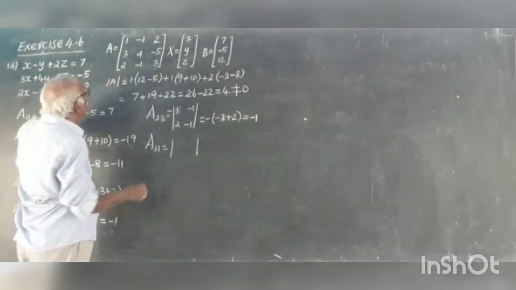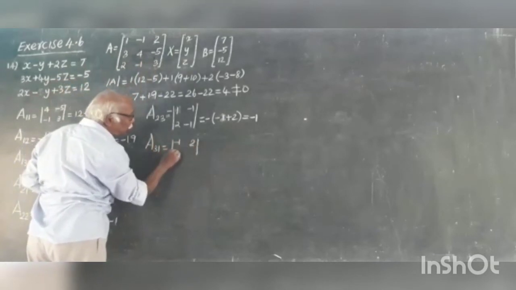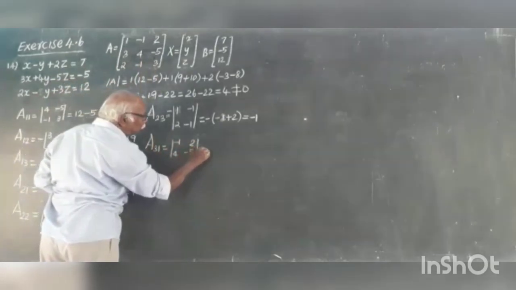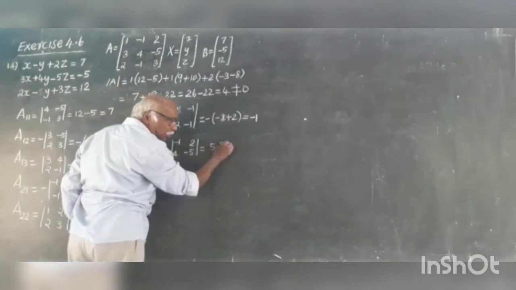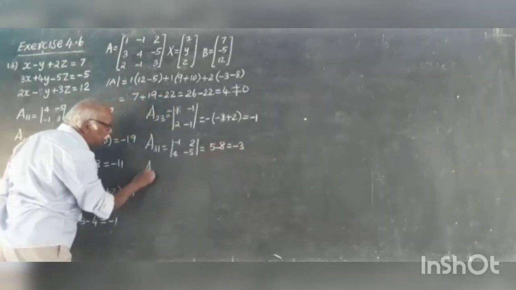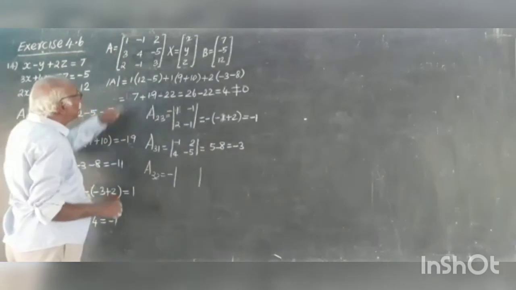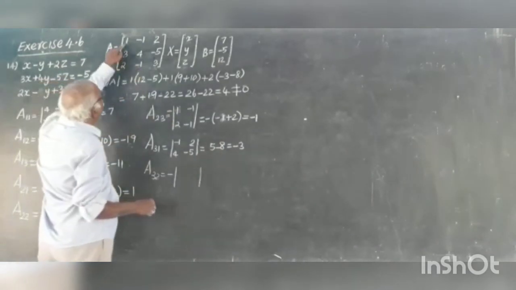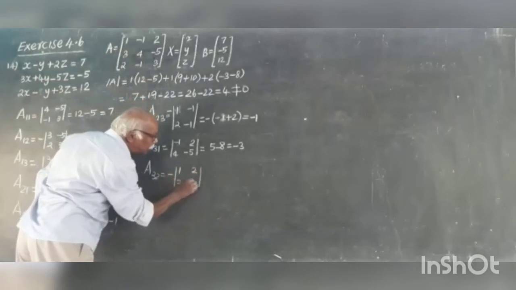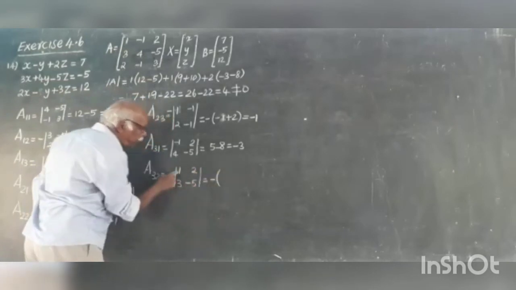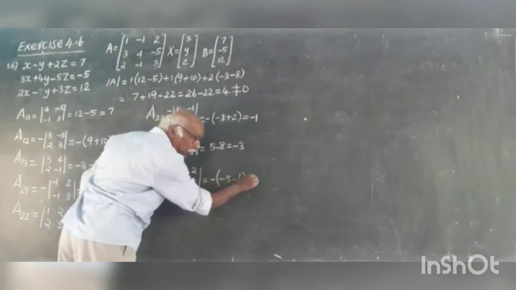A31: minus 1 to 4 minus 5, is equal to minus 1, 5 minus 8, minus 3. Then A32: minus 1 2, 3 minus 5, is equal to minus of minus 5 minus 6, minus 11 plus 11.